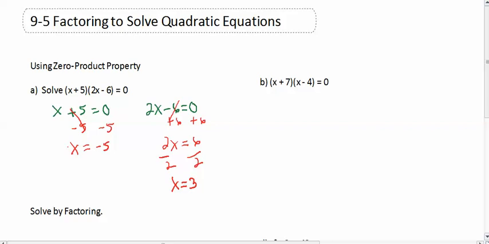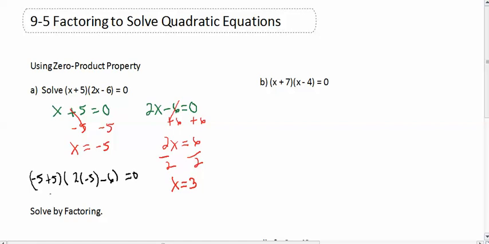Okay, and if we plug those in, just to show you that the values we found will solve for this, we have negative 5 plus 5 times 2 times negative 5 minus 6. Does that equal 0?